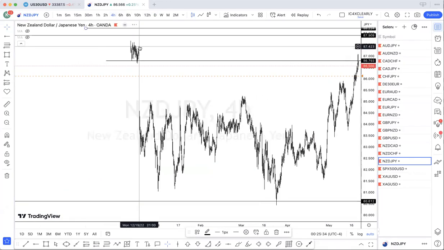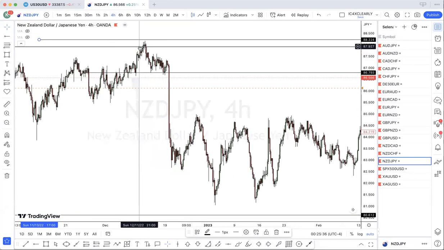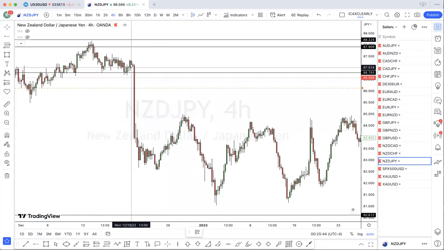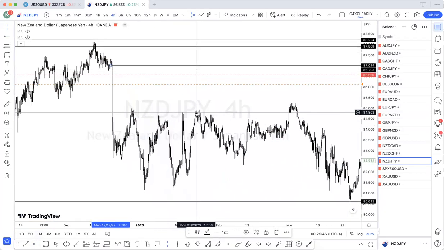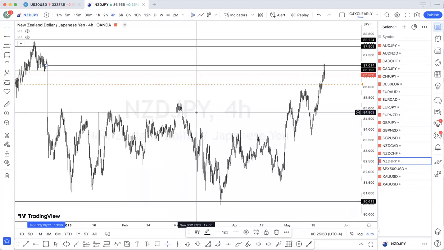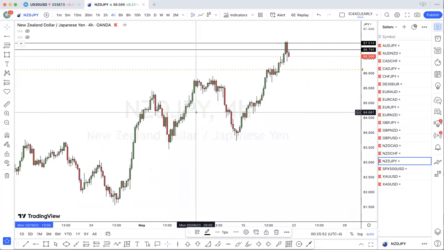Let's see what the 4 hour is giving. Price came to price action, reacted. There's still a little imbalance up here. Okay. Oh, it tapped into that too. Okay.